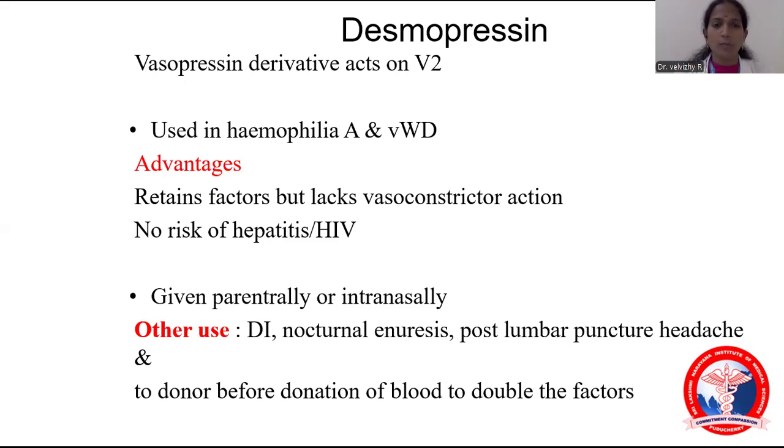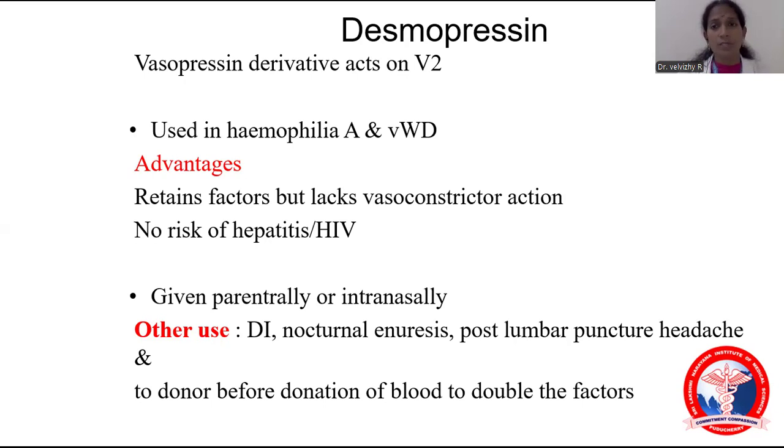What desmopressin will do is, it is found to increase the von Willebrand factor and factor 8 especially. So these are indicated in von Willebrand disease and hemophilia A, because desmopressin stimulates these factors. The advantage of giving desmopressin is that in case of blood transfusion or plasma fractions, the chances of transmission of hepatitis and HIV will be very high.